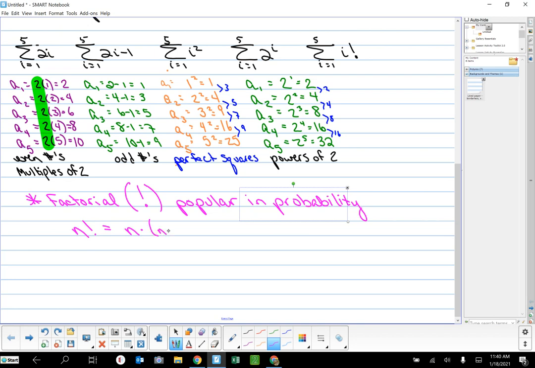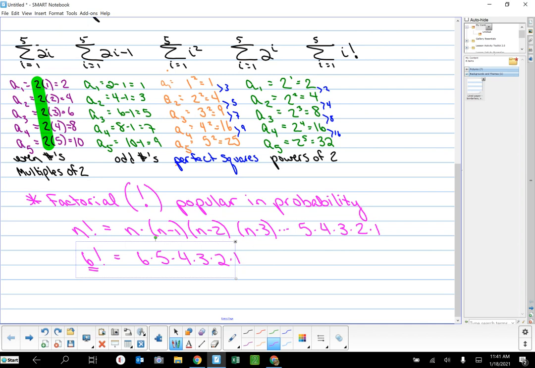So you then multiply by n minus 1, times n minus 2, times n minus 3, and so on, until you eventually get to actual numbers, and then you go 5 times 4 times 3 times 2 times 1. So if you have, let's say, a 6 factorial, you start at the base and you just multiply down to 1. 6 times 5 times 4 times 3 times 2 times 1.